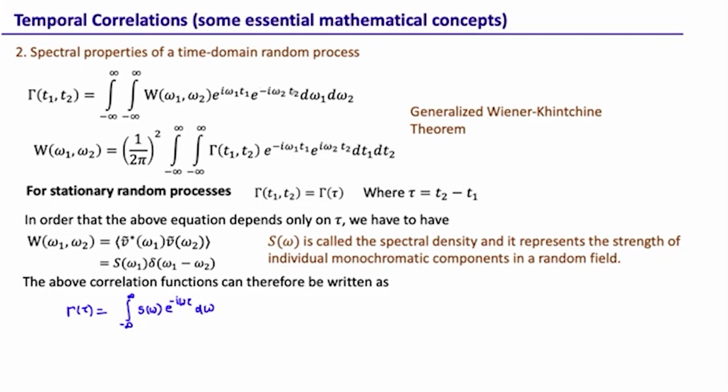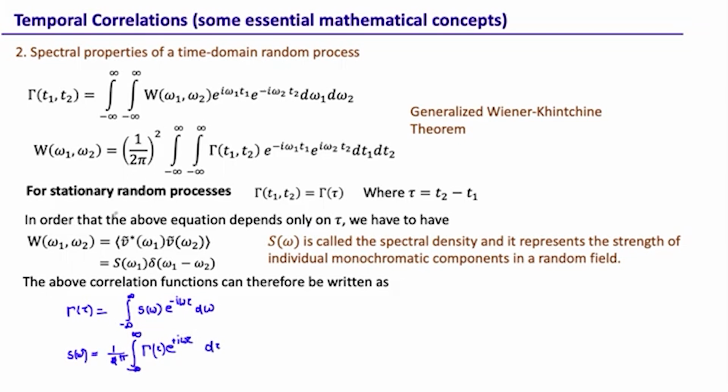Here we have omega times (t2 minus t1), and that gives us tau after doing the delta function integral. This integral can then be inverted, and S of omega equals, again, 1 over 2 pi times the integral from minus infinity to infinity of gamma of tau, e to the plus i omega tau, d tau.